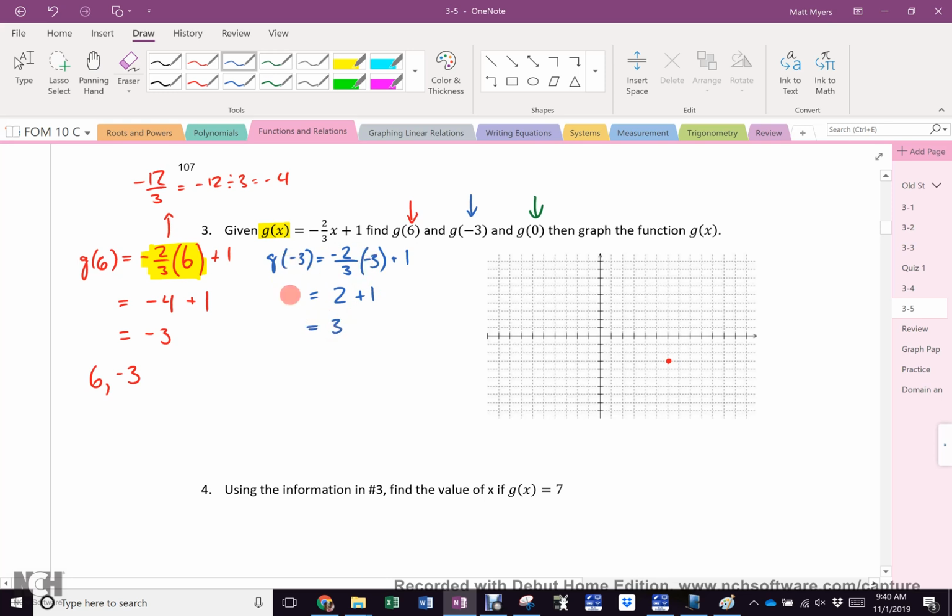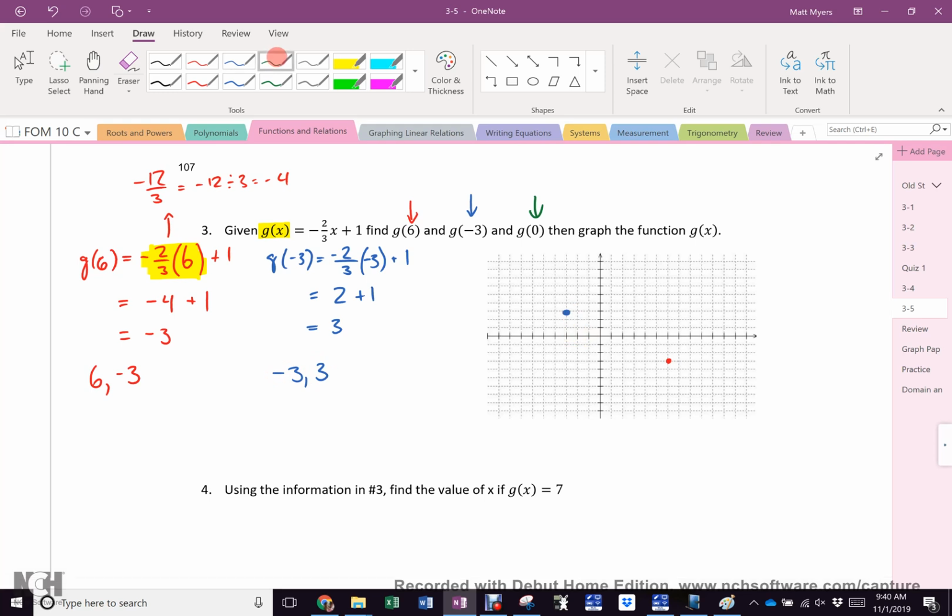What is my point on the graph for the blue one? Negative 3, 3. 1, 2, 3, 1, 2, 3.